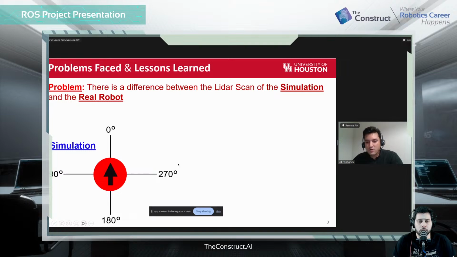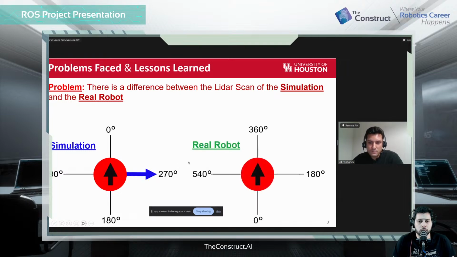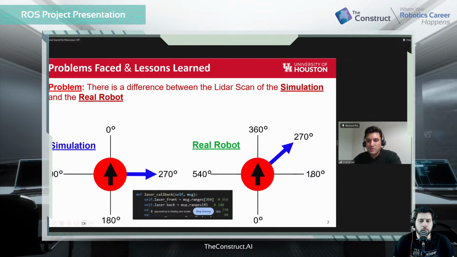But for the real robot, it is different. If we take the reading at 270 degrees, it is almost 45 degrees off in actuality. To solve this issue, I used the lidar scan at 180 degrees to get the reading of the right side.